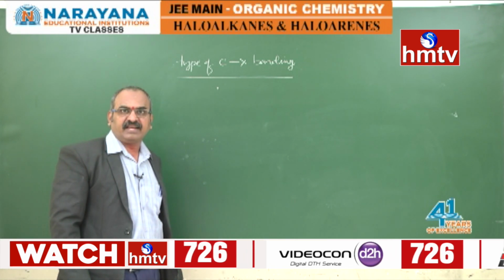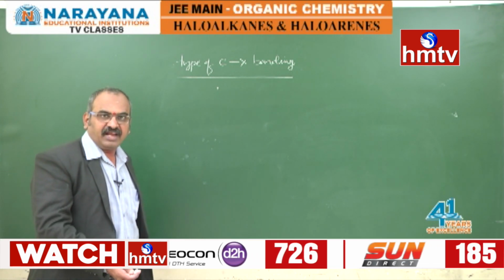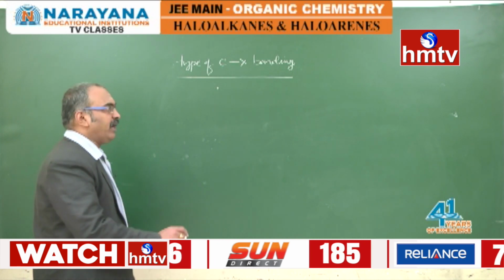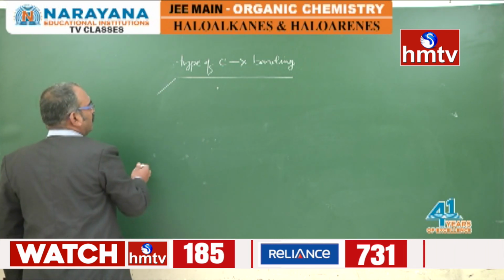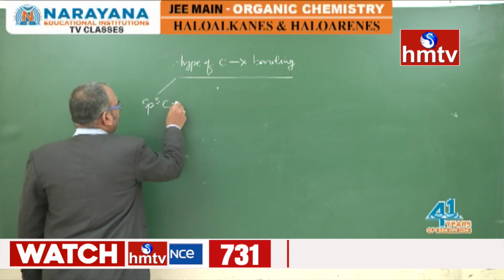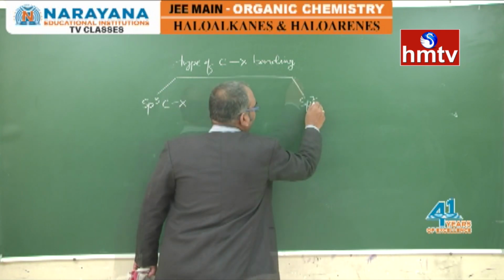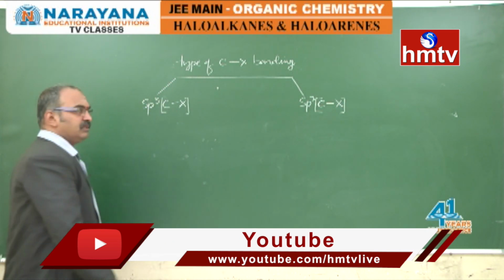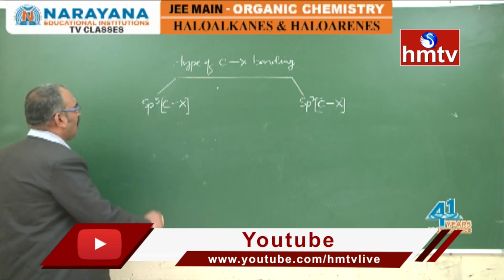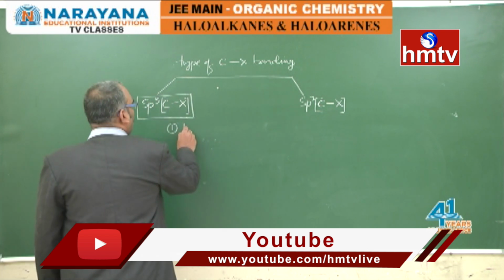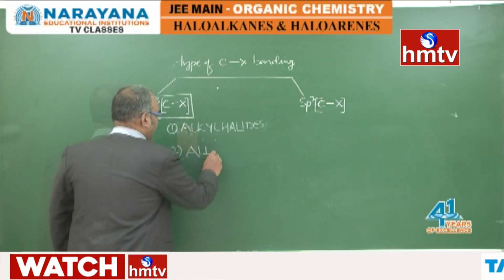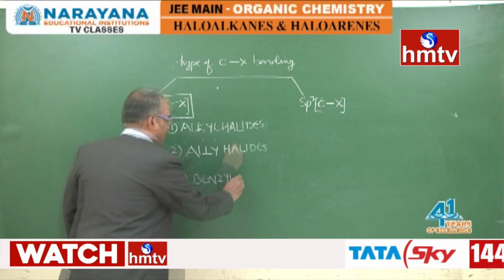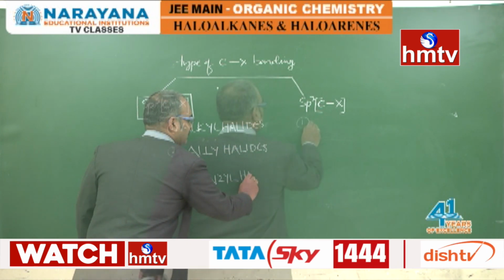Now, the second type of classification is based on type of C-X bonding, that is whether the carbon to which the halogen is attached is sp3 hybridized or sp2 hybridized. We have the sp3 C-X bond and the sp2 C-X bond. The sp3 C-X bond compounds are alkyl halides, allyl halides, benzyl halides.